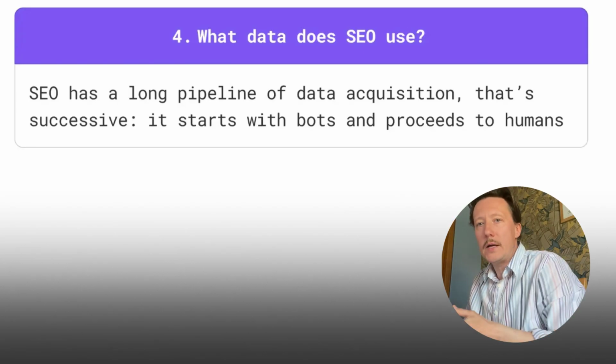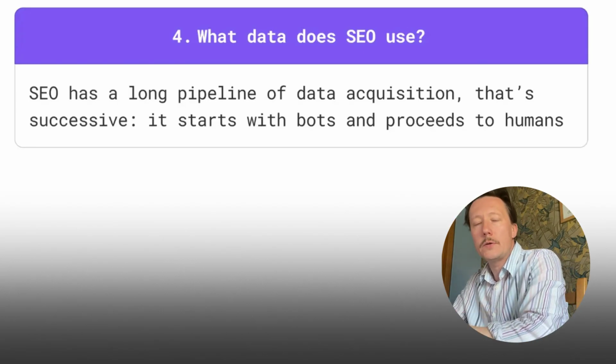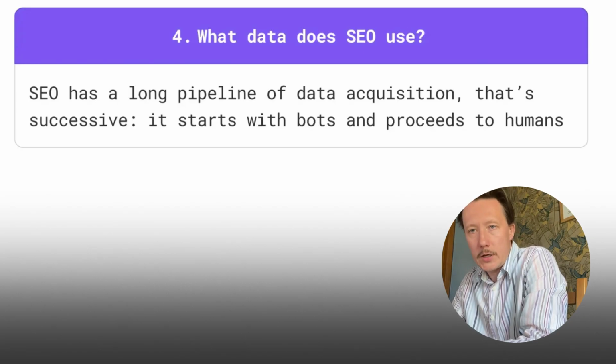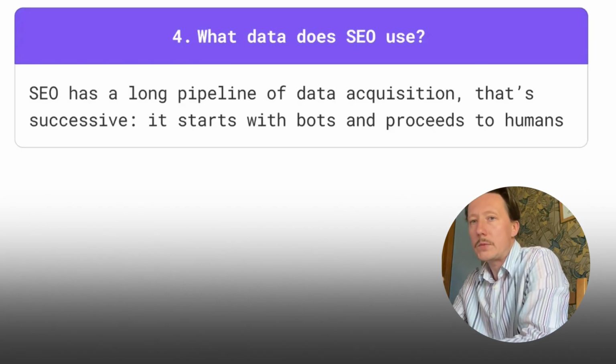Then the funnel proceeds to the visible part, where humans appear on the stage and begin interacting with the elements on the page. This is where the funnel gets clearer to us. It's human-facing, and we go on collecting data here.